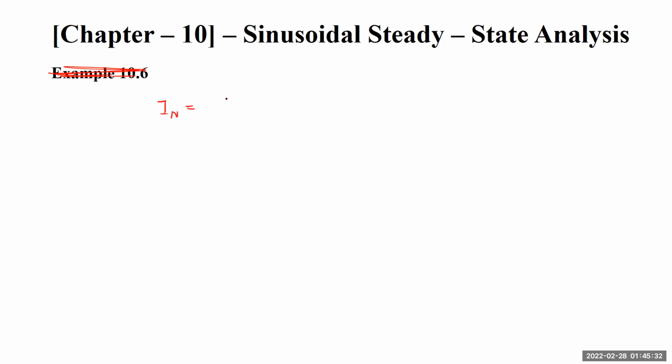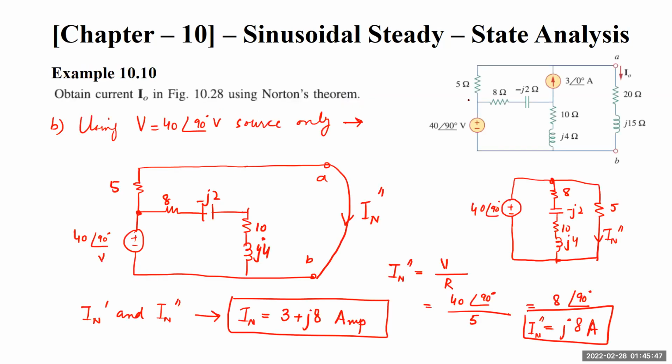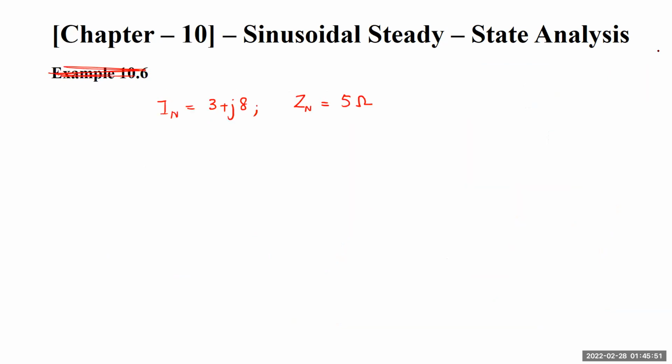IN, or I Norton, which we have found out as 3 plus j8. Similarly, Z Norton we have found out to be 5 ohms. So for the Norton equivalent, remember, we have to find out this I naught as our last step for the circuit. My Norton equivalent for this circuit would be I Norton, and then comes Z Norton.